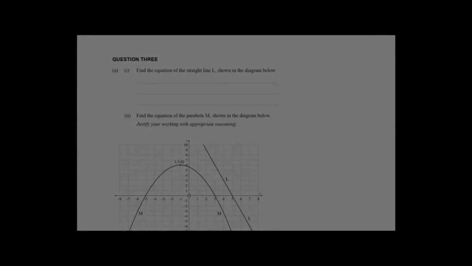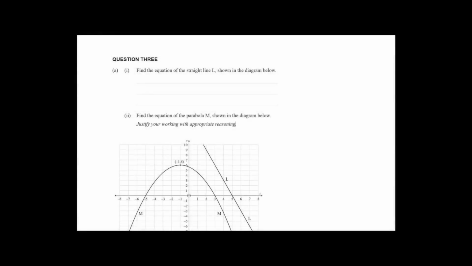And lastly, question 3. Find the equation of the straight line L shown in the diagram below. Okay, so to find a straight line, we need 2 points. Here's a nice point there. So that point is 5, 0, and what's another good point? 4, 3.